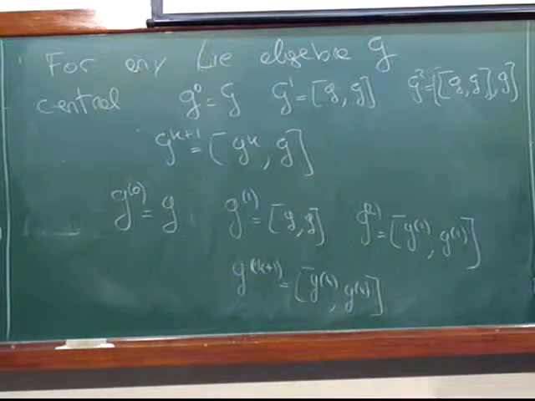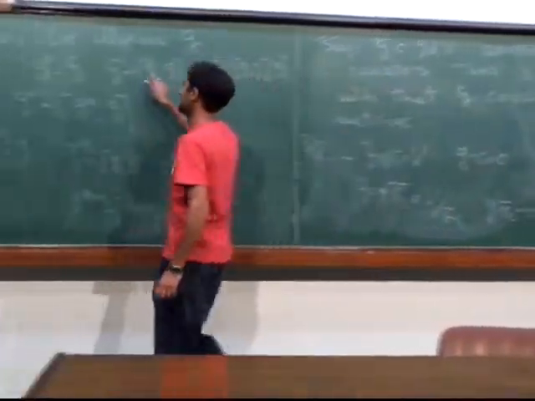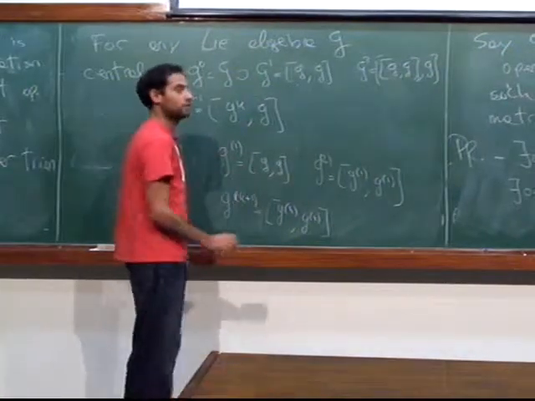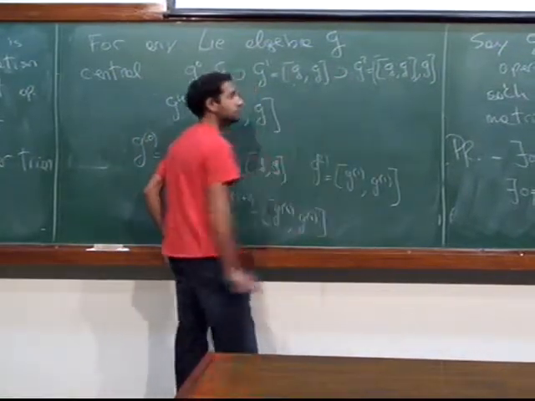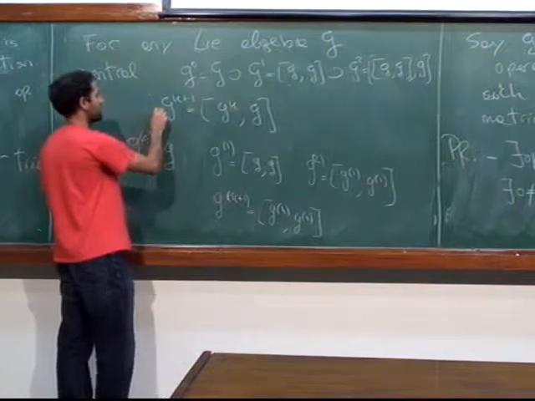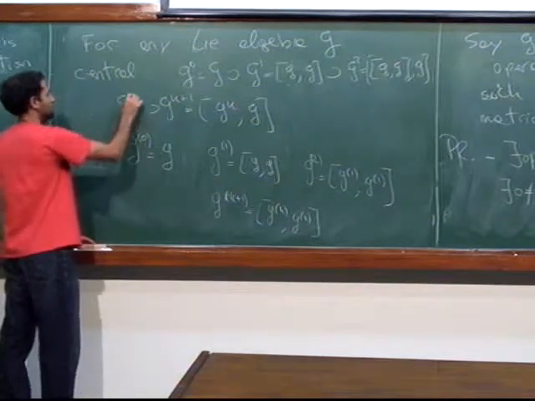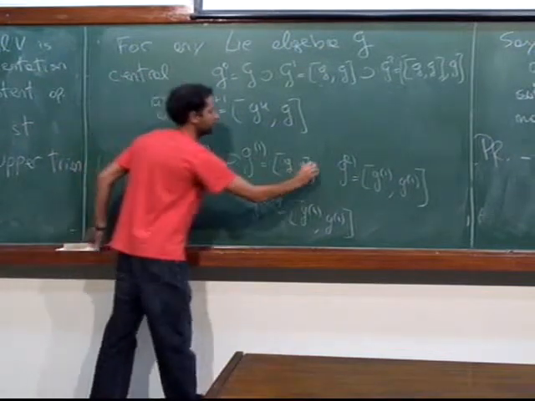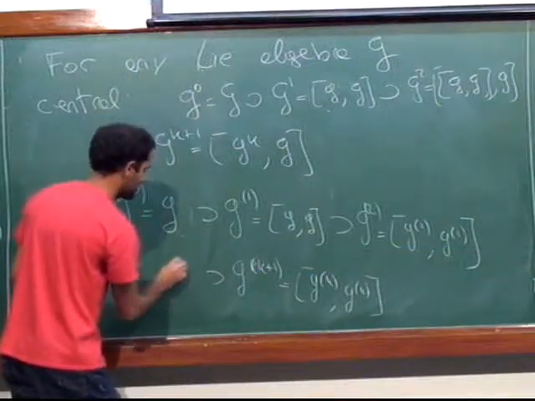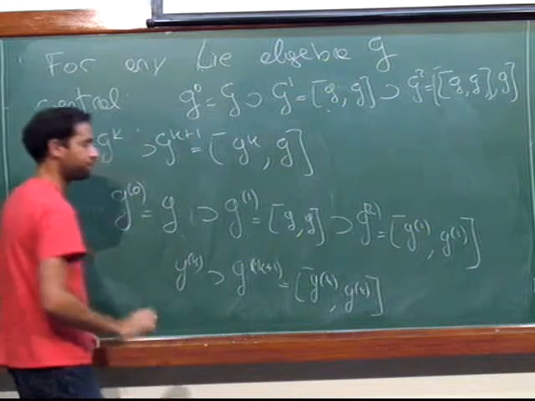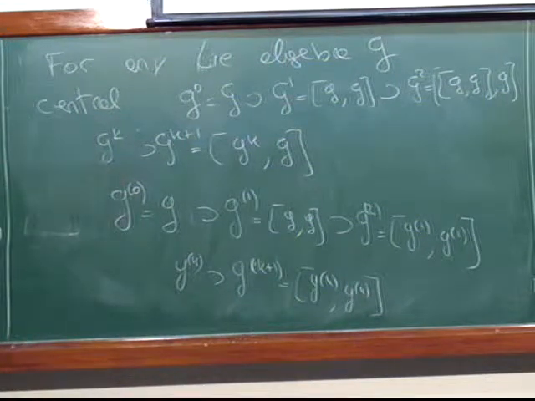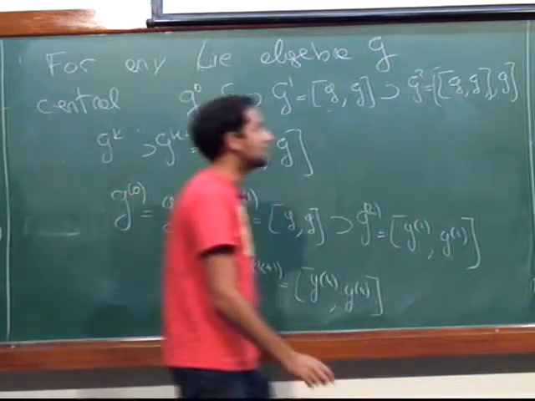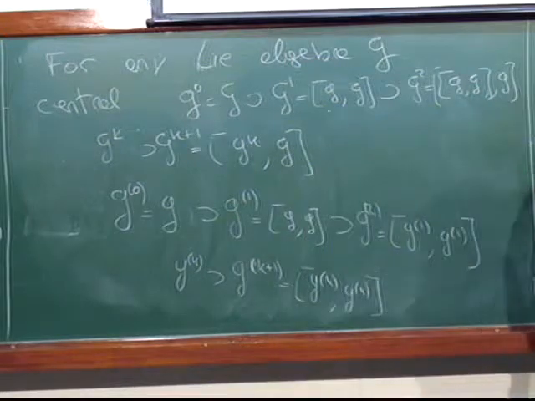Okay, so the first observation is that these sequences are of inclusions. Certainly, this guy is inside of the algebra, and this guy certainly is inside of here, and so forth. This guy is inside of G(k). The same here. And these are obviously proper inclusions. These are all ideals of G.